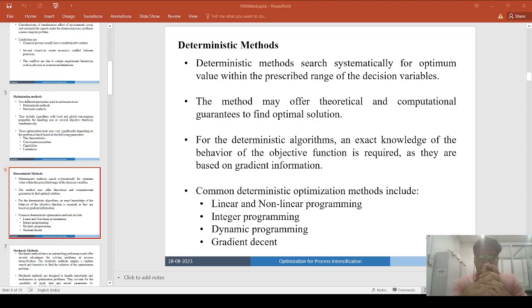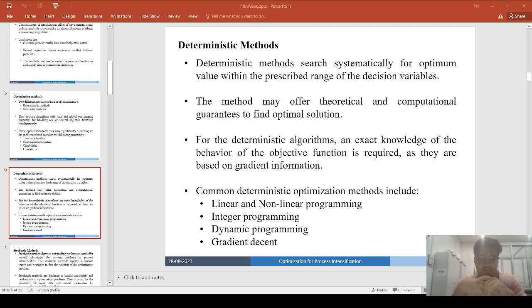This method may offer theoretical and computational guarantees to find the optimal solution. So a deterministic method is theoretically and computationally guaranteed to give you an optimal solution, but at the cost of a high performance requirement in terms of computational power.